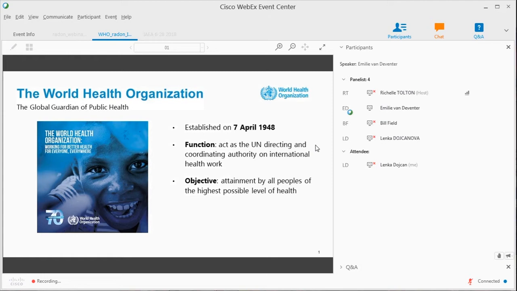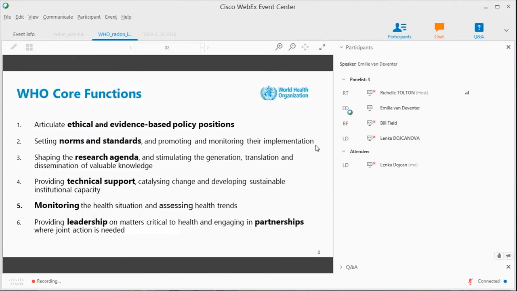The way we work is very much defined by our core functions. First of all, to articulate evidence-based policy positions, including the ethical perspective, setting norms and standards as we do for ionizing radiation, shaping the research agenda, and providing technical support to our member states.